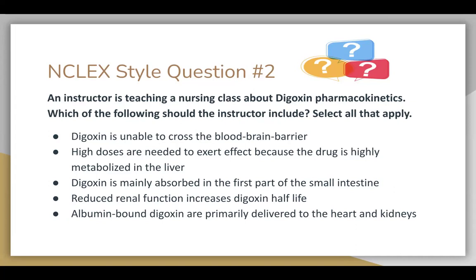The third one is digoxin is mainly absorbed in the first part of the small intestine. And the fourth is reduced renal function increases digoxin half-life. And the fifth is albumin-bound digoxin is primarily delivered to the heart and kidneys. You can go ahead and pause the video if needed.